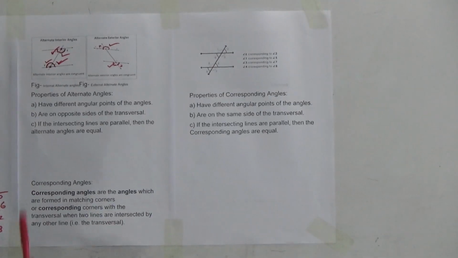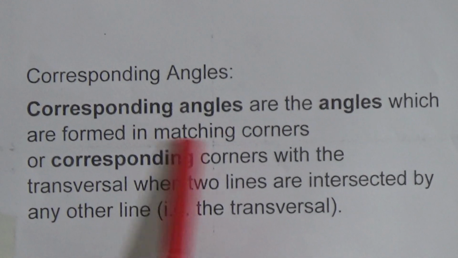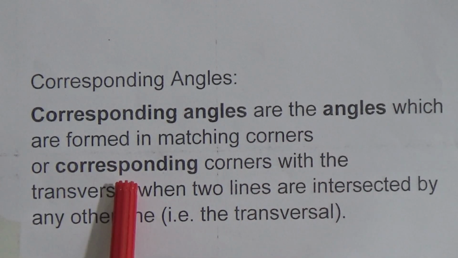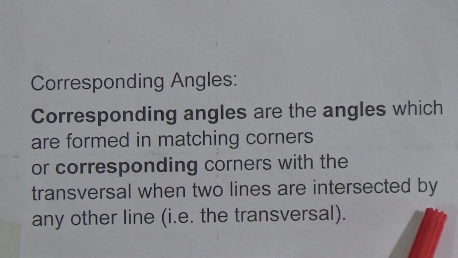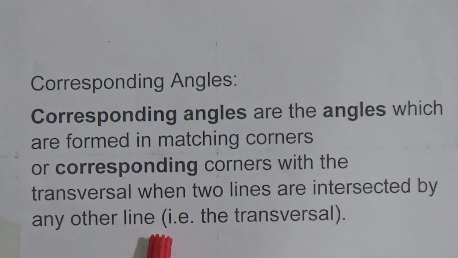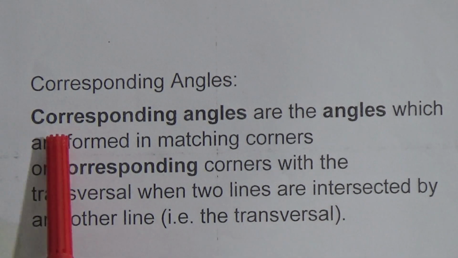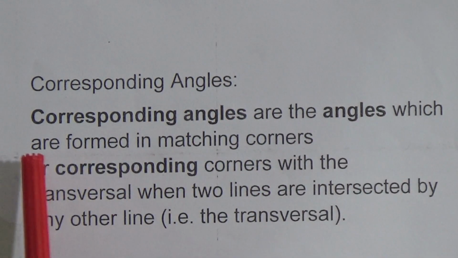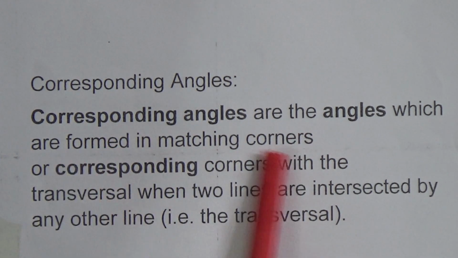Now corresponding angles. Corresponding angles are the angles which are formed in matching or corresponding corners with the transversal when two lines are intersected by any other line, that is, by the transversal.